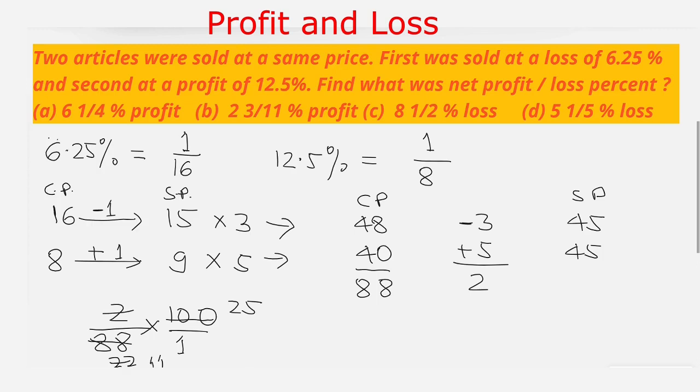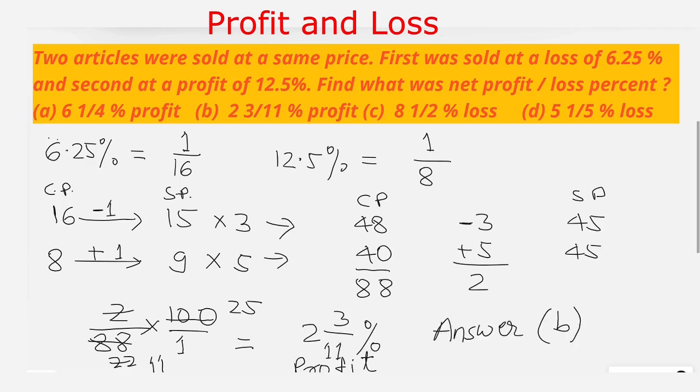This is equal to 25 divided by 11, that is 2 whole and 3/11%. Thus from the given options, the answer is option B, that is 2 whole and 3/11% profit.